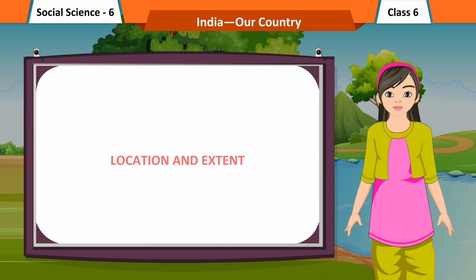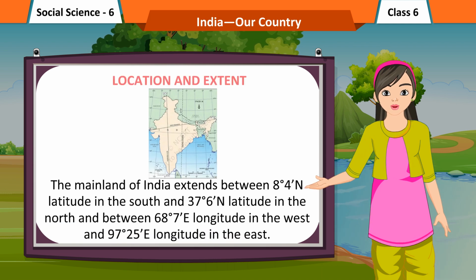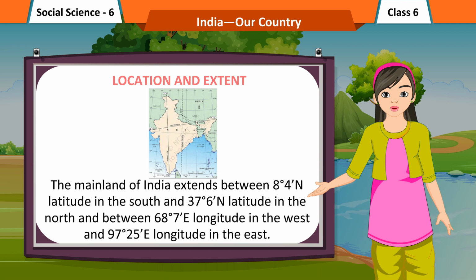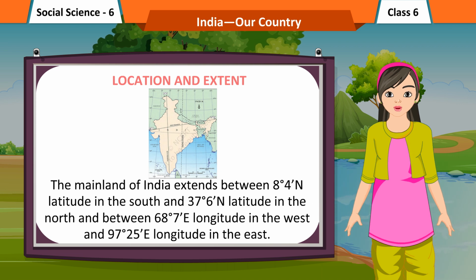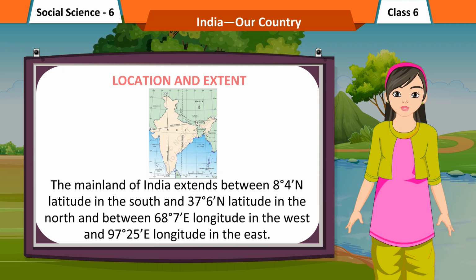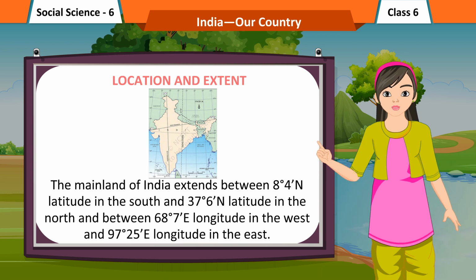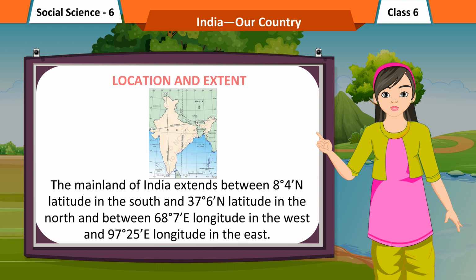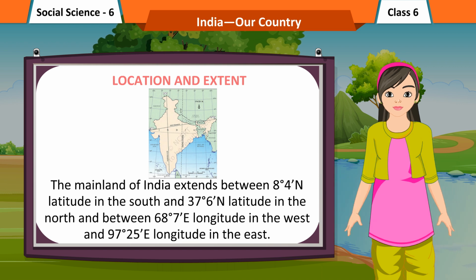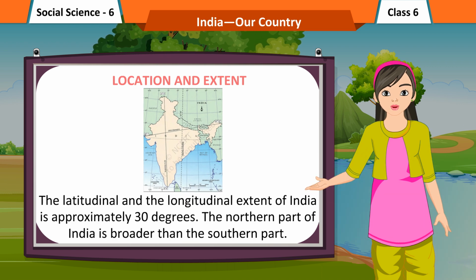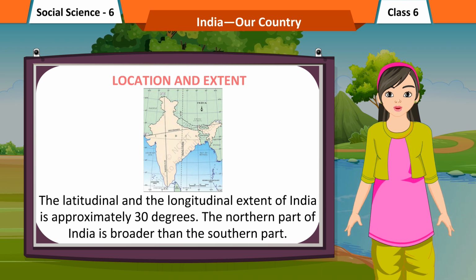Location and extent. The mainland of India extends between 8°4' in latitude in the south and 37°6' in latitude in the north, and between 68°7' in longitude in the west and 97°25' in longitude in the east. The latitudinal and the longitudinal extent of India is approximately 30 degrees.